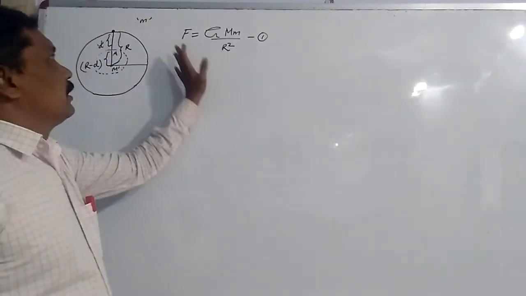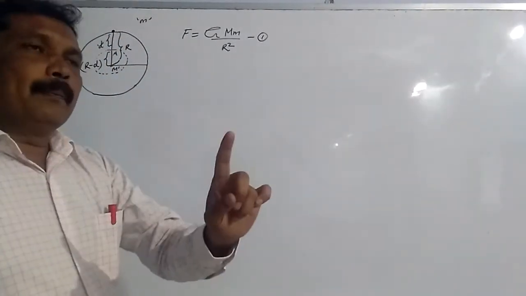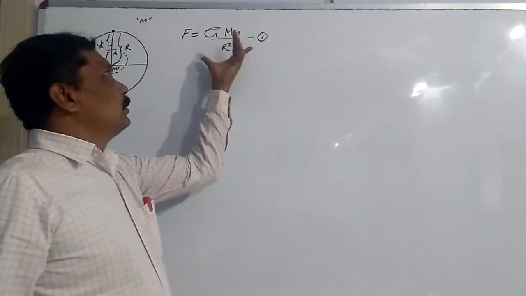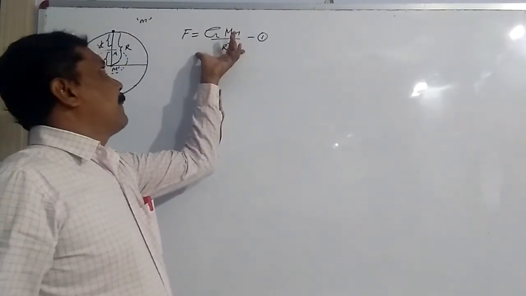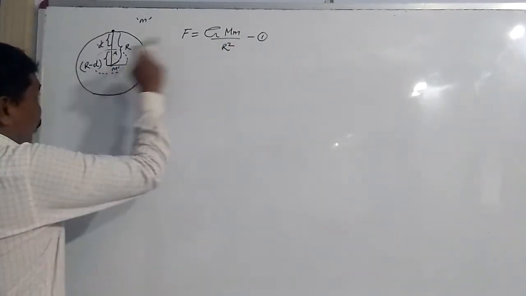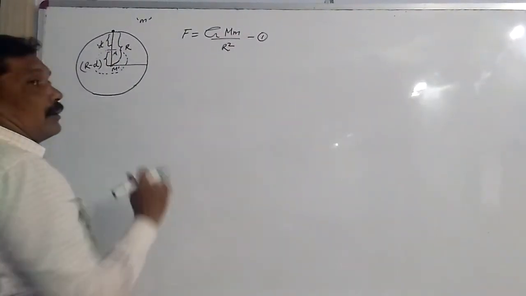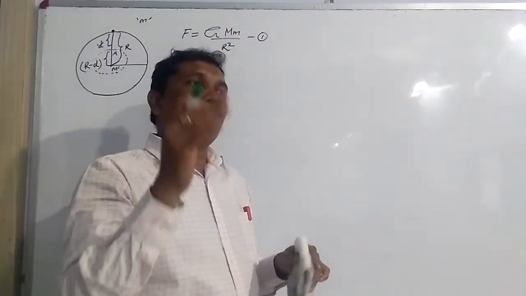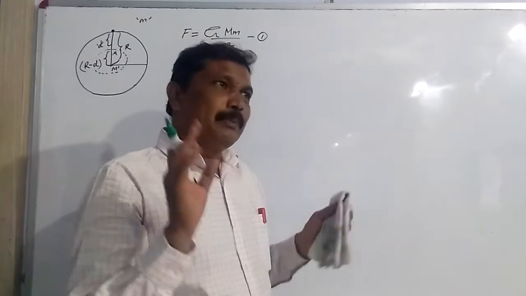According to this, we have one mathematical expression, that is F is equal to GMm upon R square.